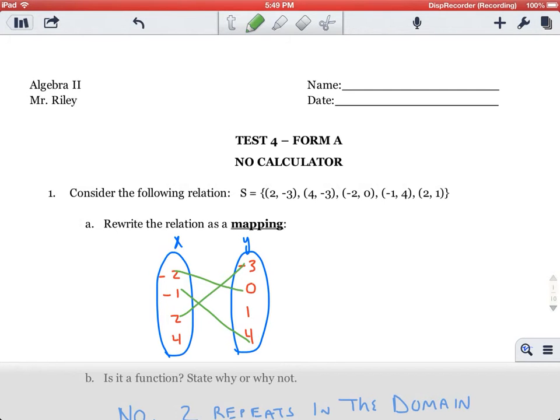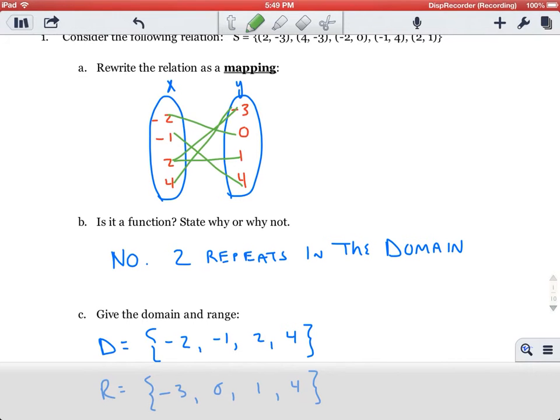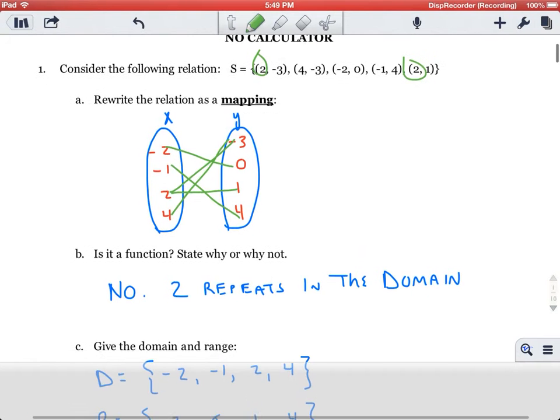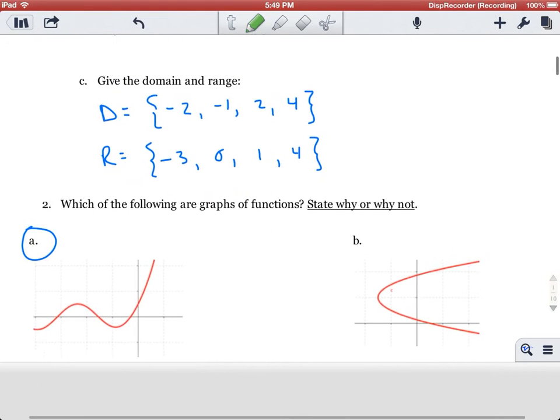And so if you're answering part A, you should be answering parts B and C as well, because you should be able to tell from the mapping that there are two values that repeat in the domain. And as I said, you basically have the domain and range. The only thing maybe you're missing are braces, and your numbers should have already been in numerical order, and you should not have repeated any numbers.